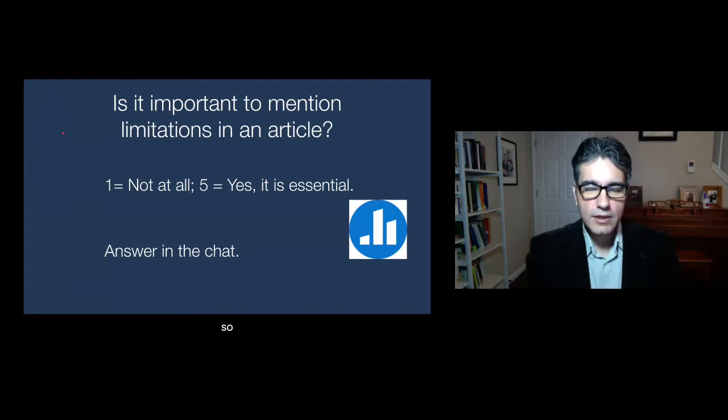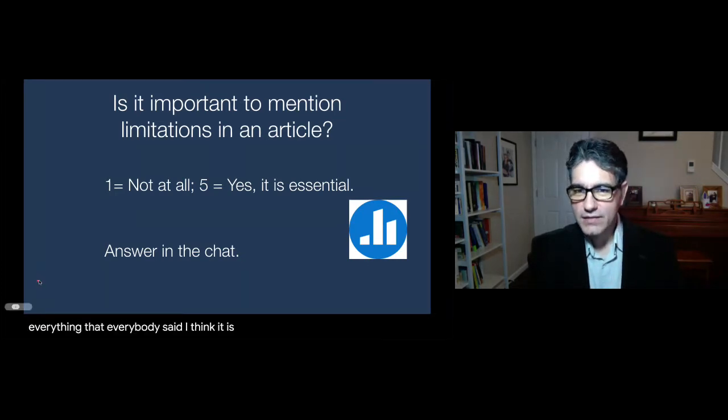So regarding limitations, is it important to mention limitations in an article? What do you think? I think it is a kind of hedge, meaning that you are being careful about how strongly you are asserting your claims, and also what was said earlier about transparency. I agree.